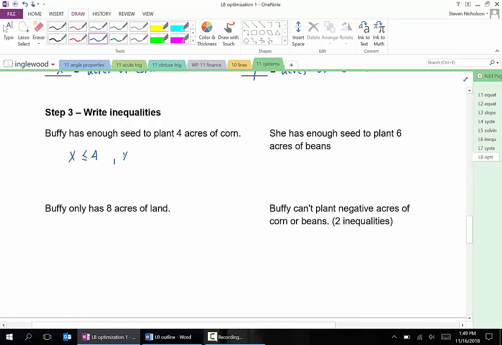But also, she can plant 1.2 acres, 1.5 acres, 2.7 acres, etc. She has enough to plant 6 acres of beans. Again, same idea. She could actually plant 3.5 acres. So we could have decimals.